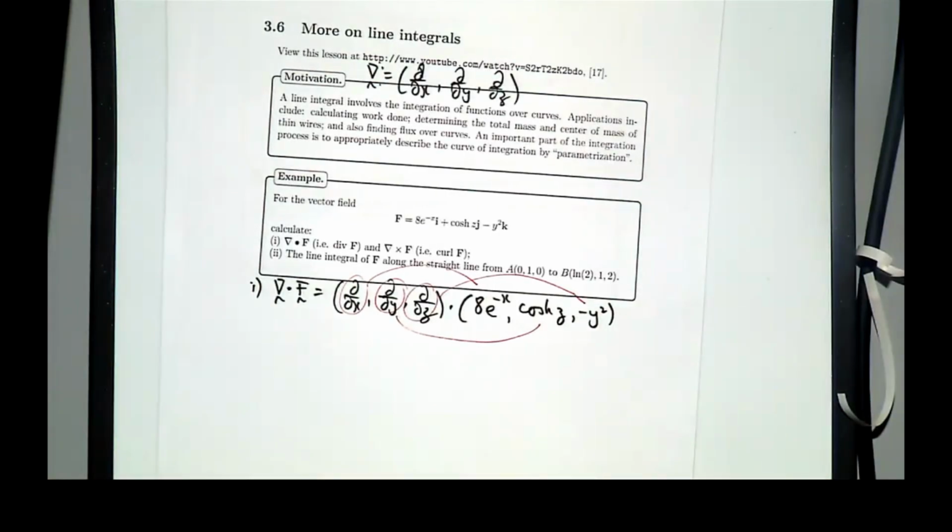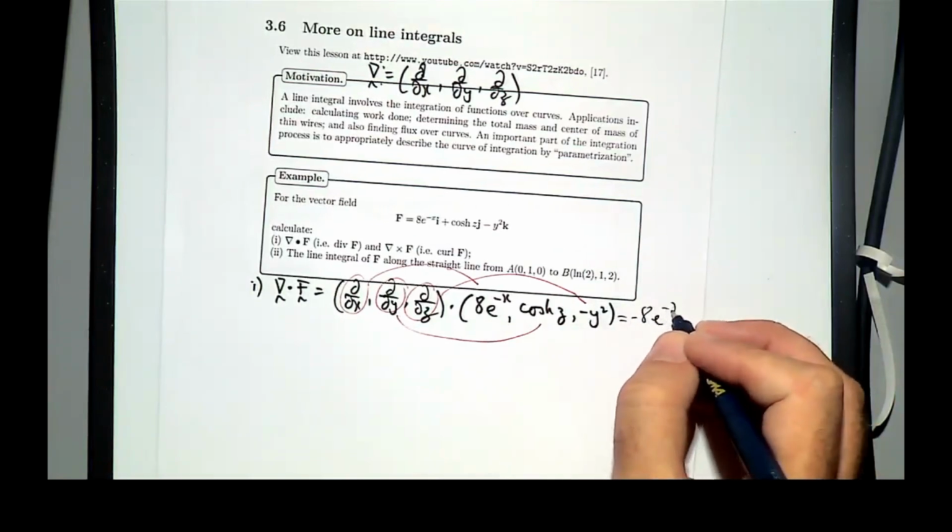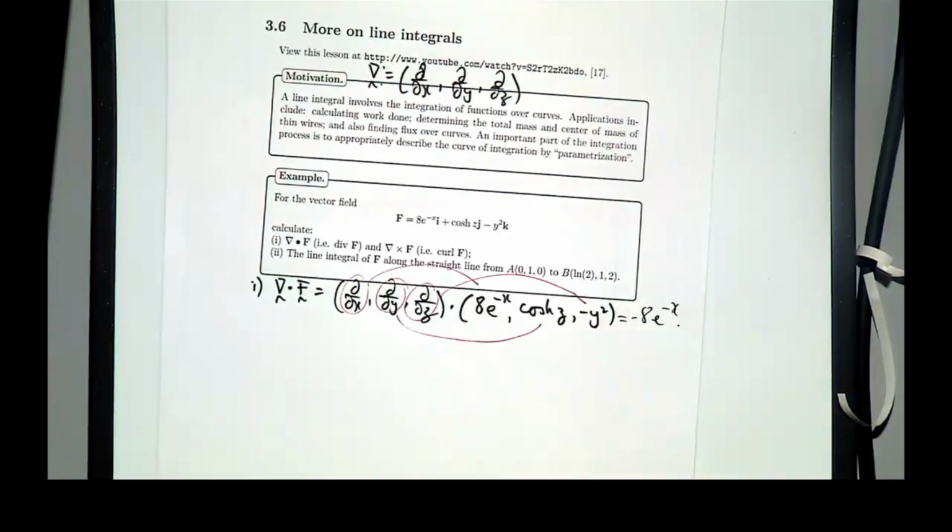So it's going to be something like negative 8e to the negative x. It's a number. It's going to be negative. So we're going to have net inflow. Okay? But let's move to curl.